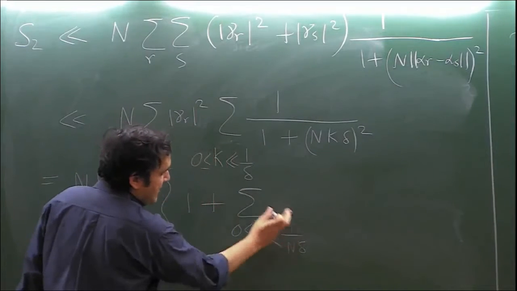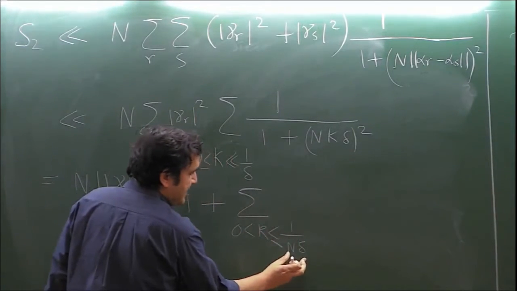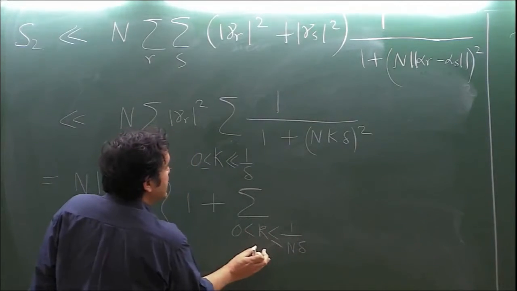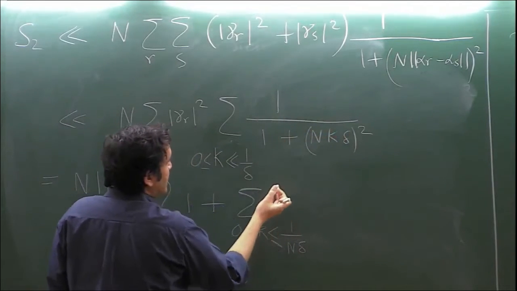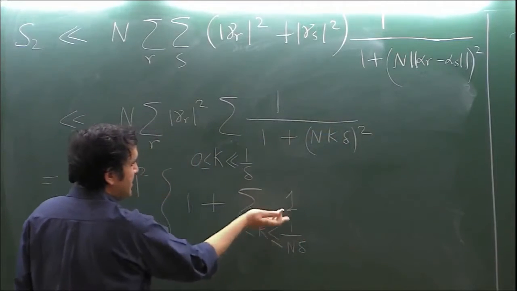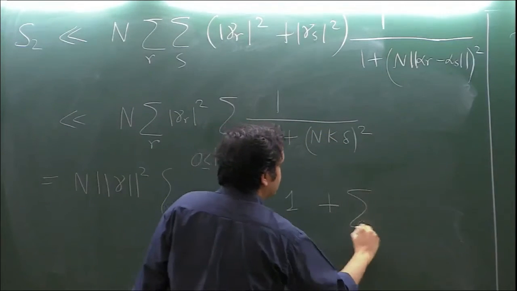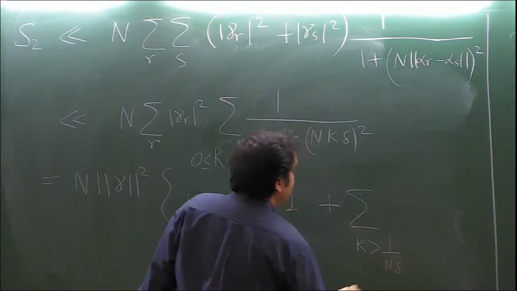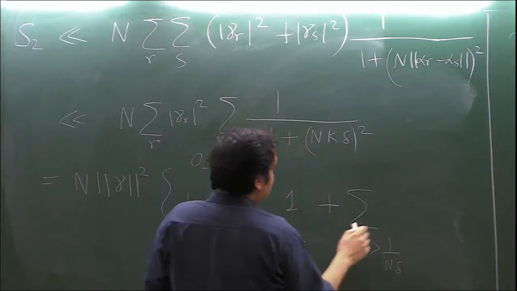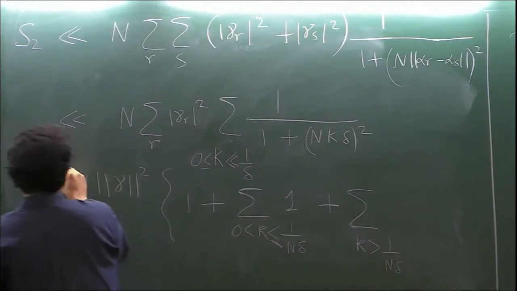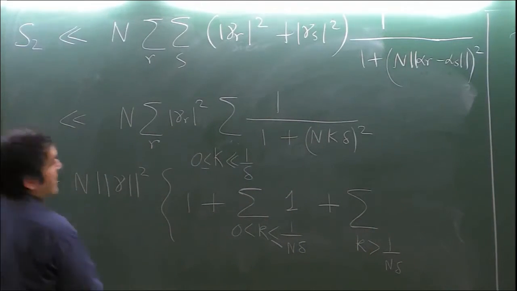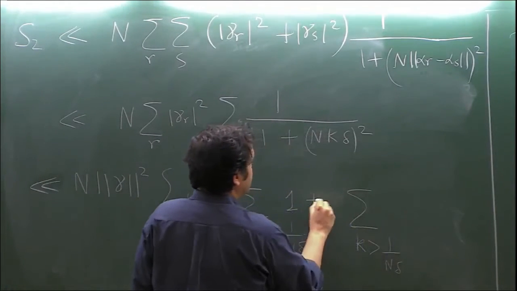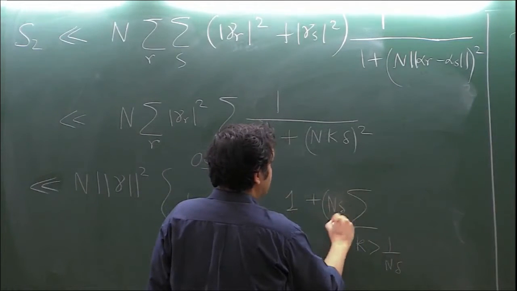So this sum may be vacuous, because if n delta is greater than 1, this sum is vacuous. And in this range, what is the size of this? So that's like 1. I can bound it by 1, plus sum over k greater than 1 by n delta. And here I can drop this one because this is an upper bound. So I can pull out this n delta to the minus 2.